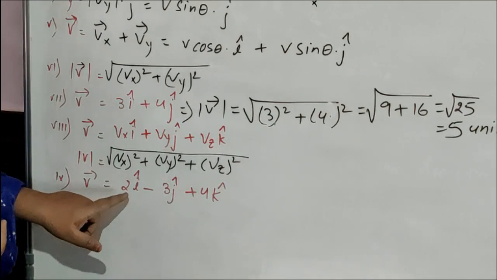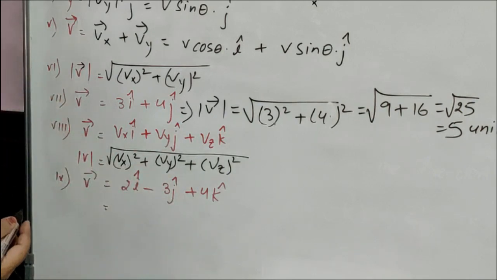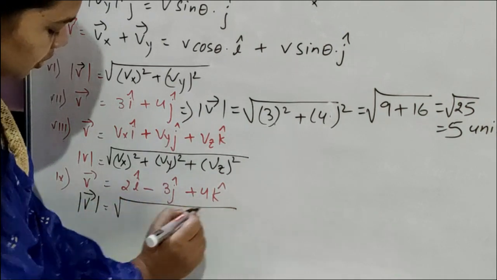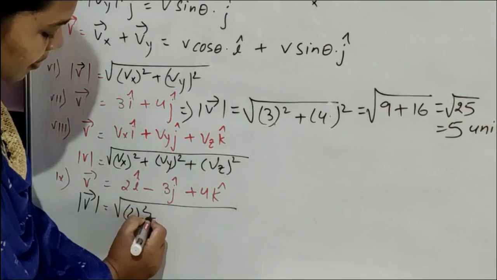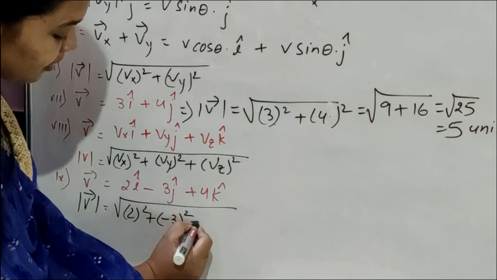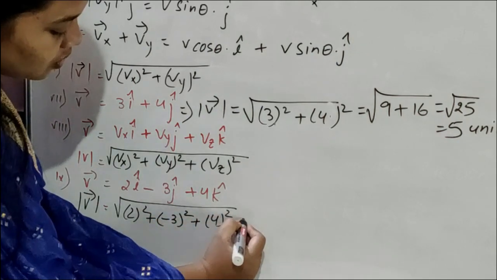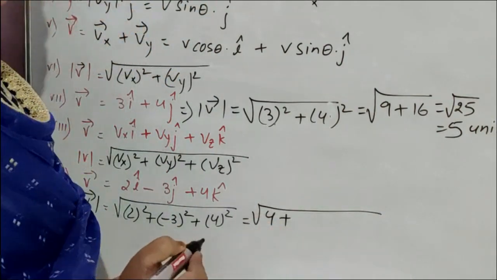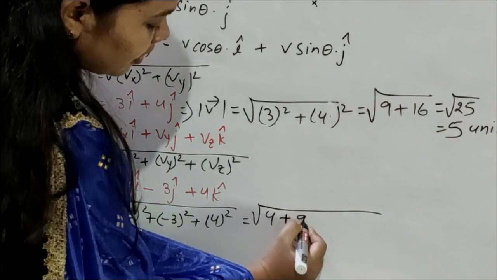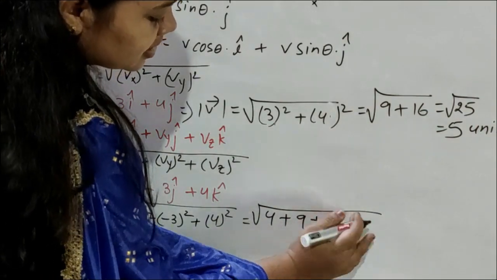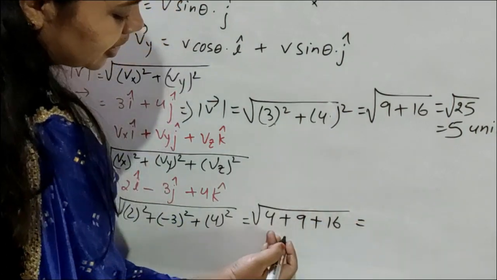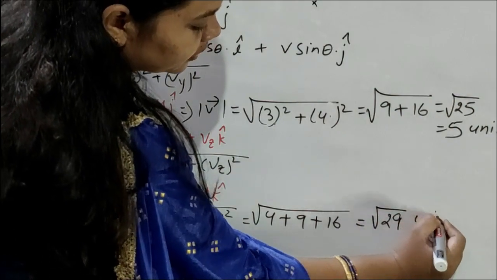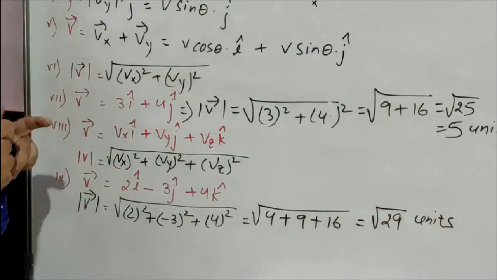V vector is equal to 2i cap minus 3j cap plus 4k cap. Magnitude is whole square root of 2 square plus minus 3 square plus 4 square. 2 square is 4, minus 3 square is 9, and 4 square is 16. 16 plus 4 is 20, plus 9 is 29. Whole square root 29 units. Clear, children? Understood?